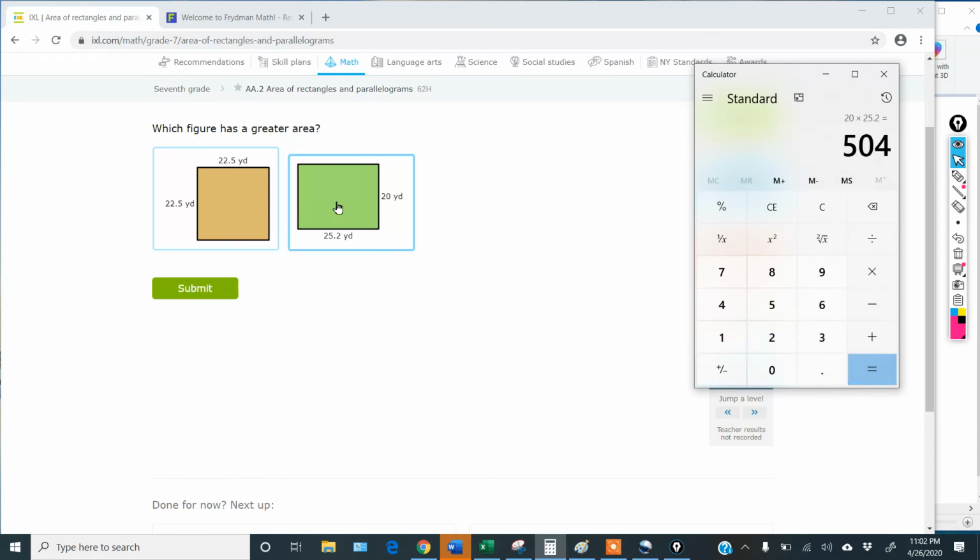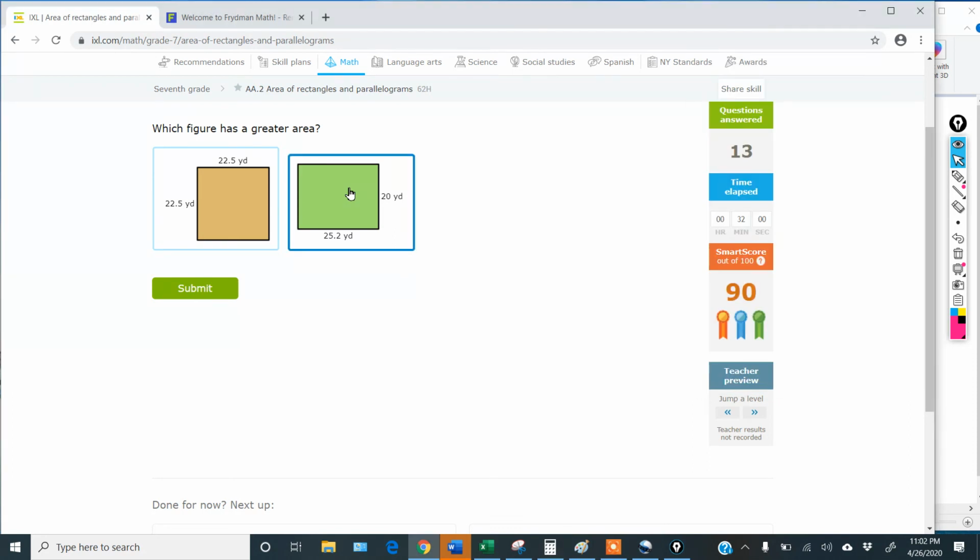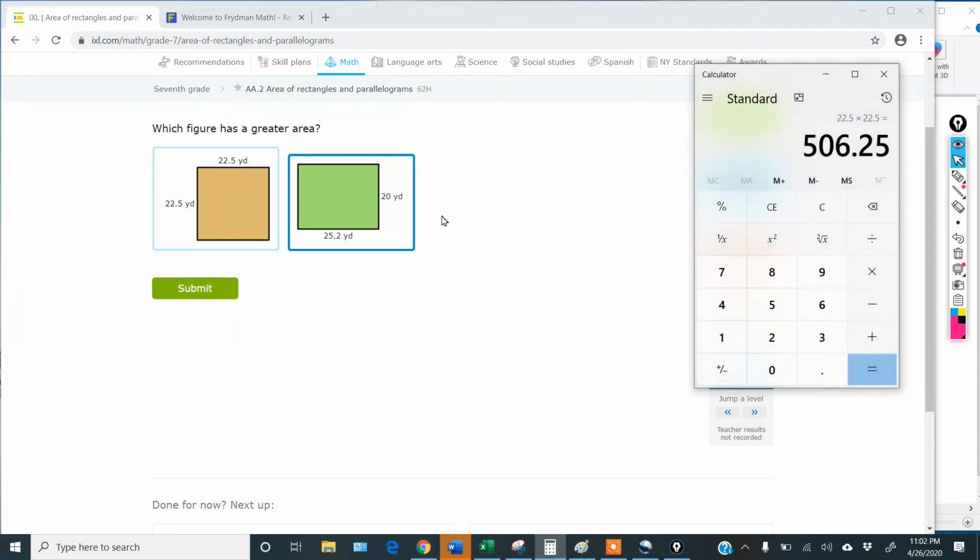And I get 504 for this one. And 22.5 squared, or 22.5 times another 22.5 is 506. I think this one was bigger, right? Wait, what did I? Oh my God, I forgot already. Was it 504 for this? Okay, so let me write this down. This is so embarrassing. So this one was 506.25.